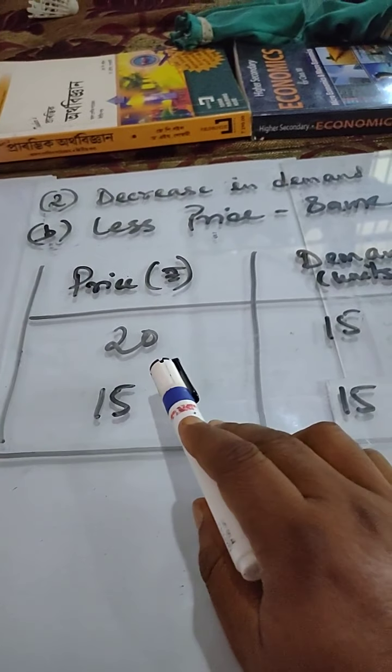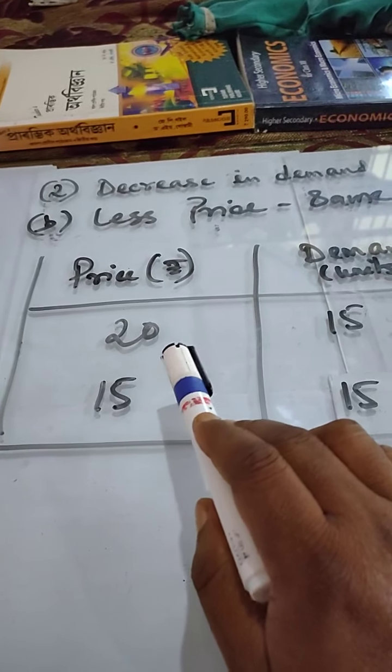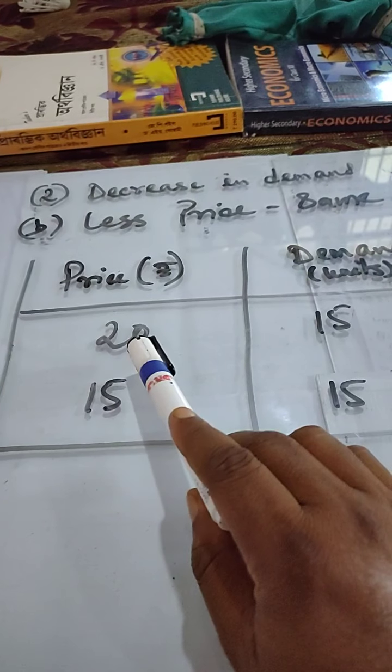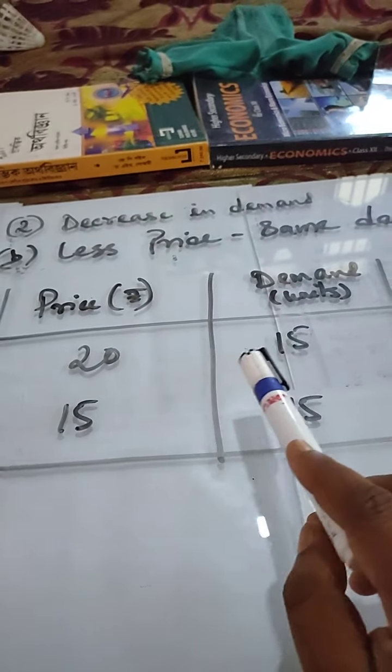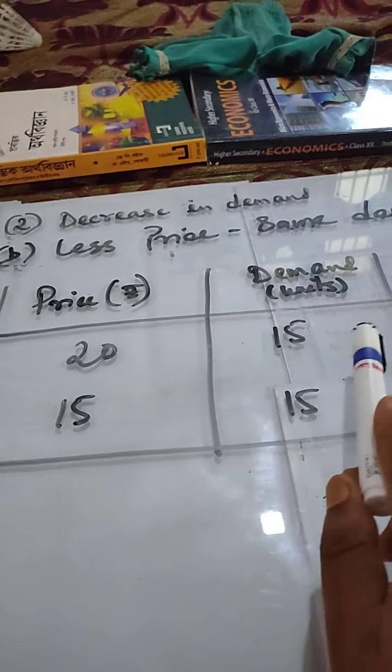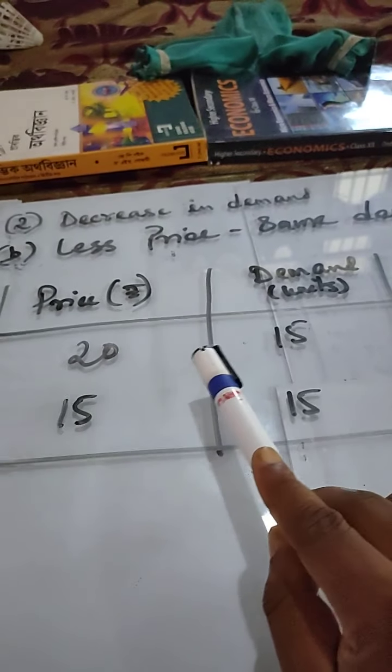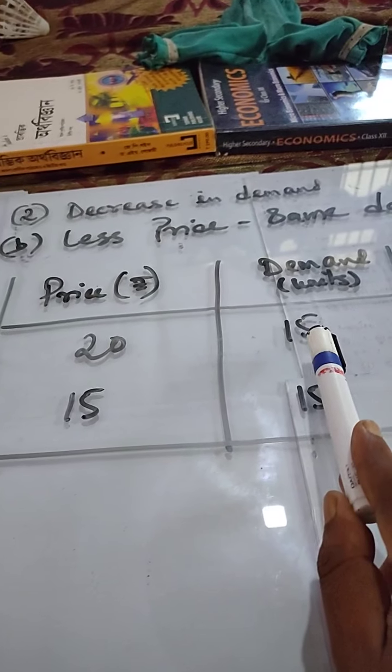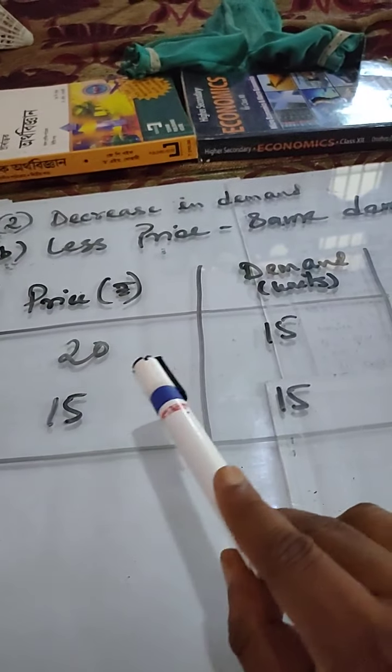So that means the demand for the same commodity declines in the economy. So to get the same amount of the commodity, consumers are now ready to pay less price. That is, the original price was 20. At this price the consumers were demanding 15 units of the commodity. This is the first situation, where at the initial price of 20 rupees the demand was 15.